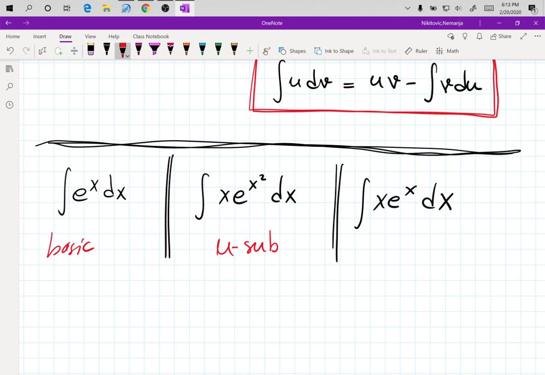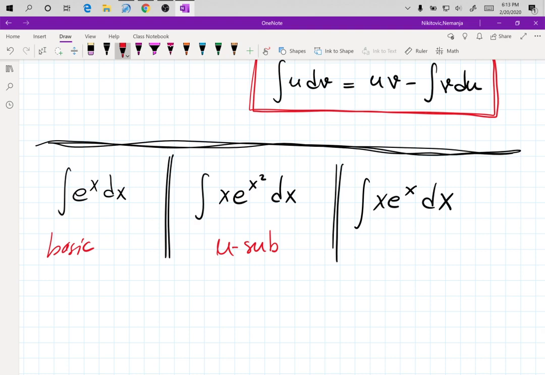If you say u equals x, then all you're going to do is change all x's with u's in the next step. So clearly, it's not a basic integral. Clearly, the u sub didn't work, and we can go and try using integration by parts.